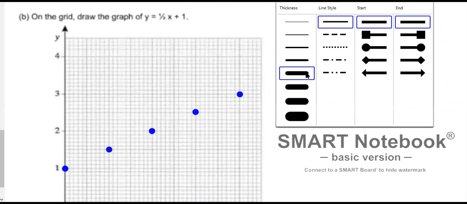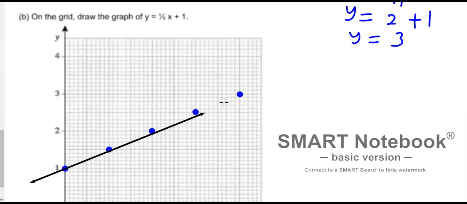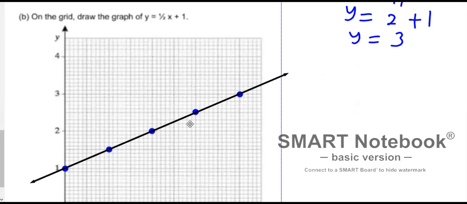Then you need to draw a line connecting these points here. See? The line should go through all the points you have plotted.